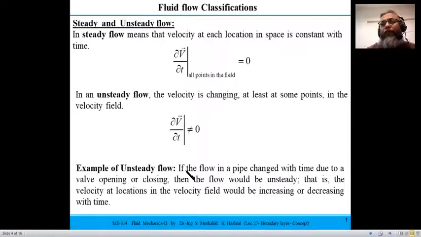If flow takes place in a pipe and you open the valve or close the valve, the flow conditions are changing. So either your velocity is increasing or decreasing. Such flows would be called unsteady flows. In that case, the velocity at a given location is either increasing or decreasing with time.